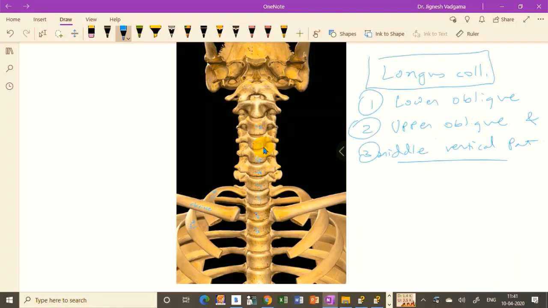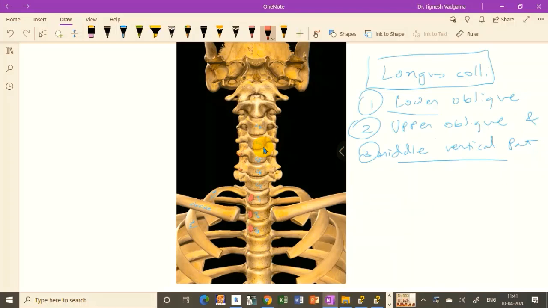There are three parts of the longus colli. Out of them, the first part, that is the lower oblique part, is going to arise from the front of the bodies of the upper three thoracic vertebrae, and it is going to insert over the C6 and C5 vertebrae.